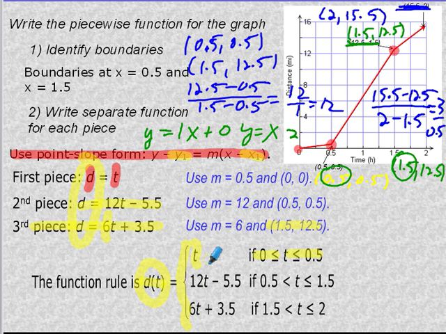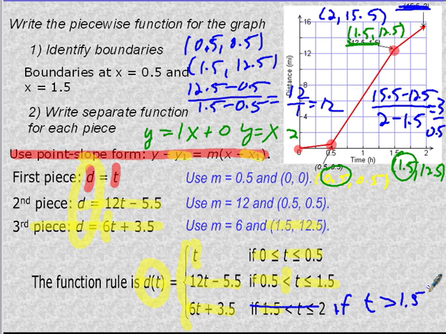Next equation, 12t minus 5.5. Where is that valid? Between 0.5 and 1.5. Notice this one cannot have the equal sign since I used it up here for 0.5. And then lastly, our third equation, it looks like it's valid, based on what that looks like, if t is greater than 1.5 because it has an arrow on it.